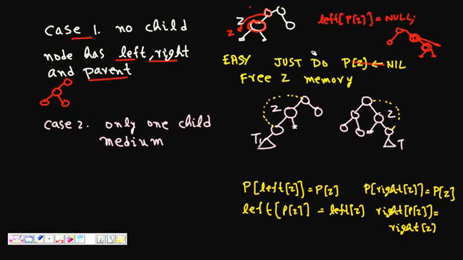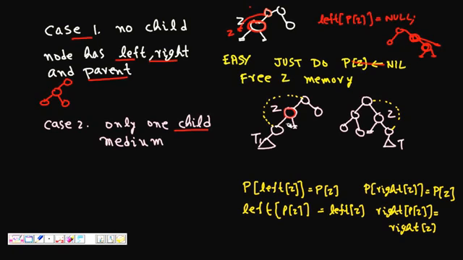The second case is if the node has exactly one child. Two cases will arise. This is Z, and let's say it's the left child of its parent, and Z has only one child, which is the left child.